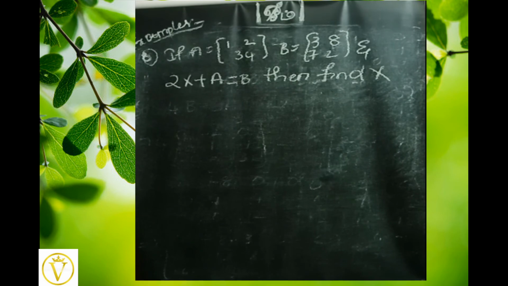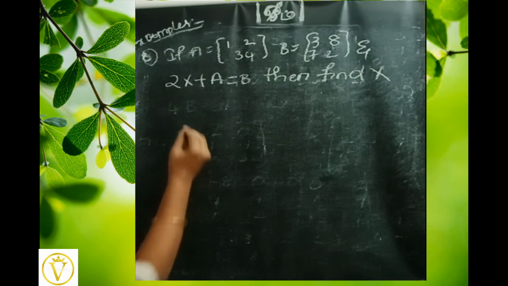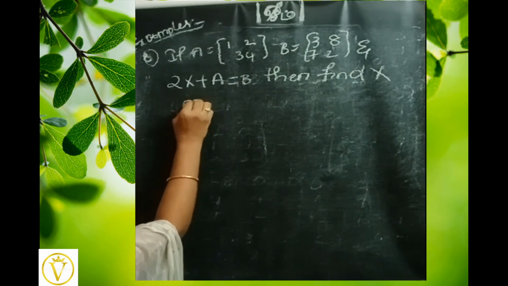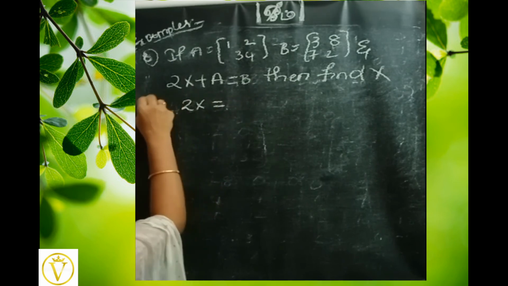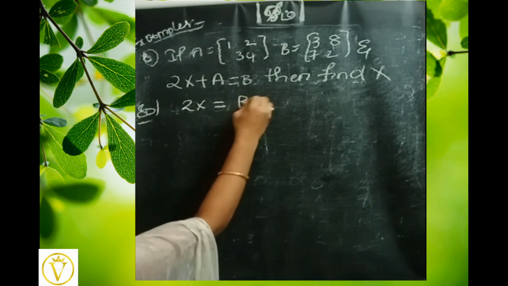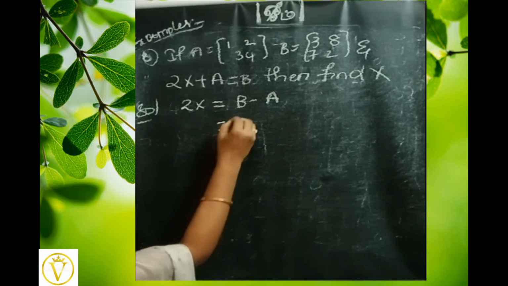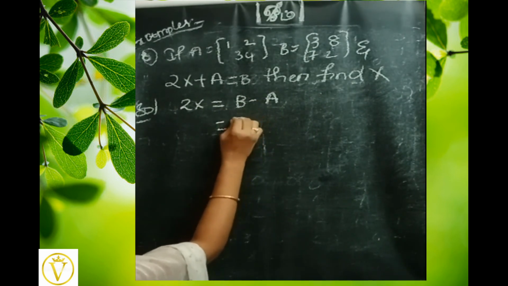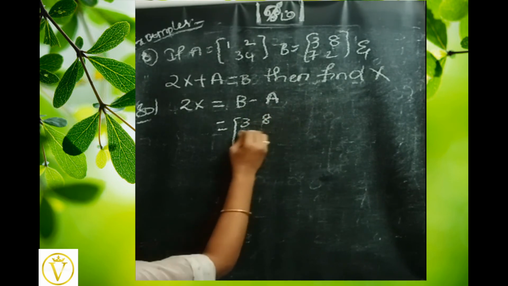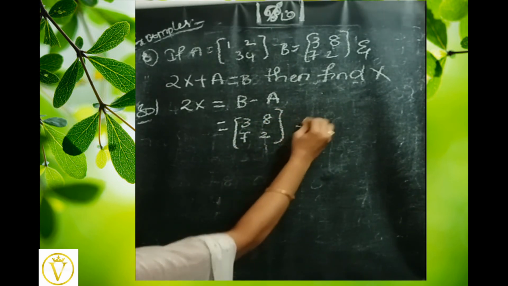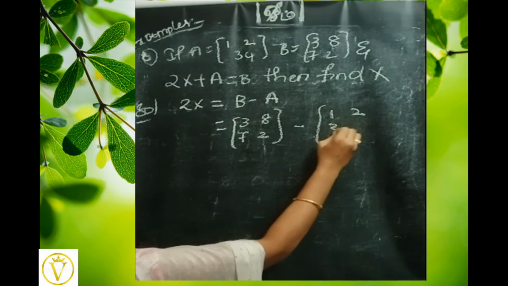Okay. If A equals one matrix, and B equals another matrix, they asked to find out X and they have given one matrix equation. So first we have to find out X, right? So 2X equals B minus A. Now first we have to do B minus A. So what is the value of B? 3 8 7 2 minus 1 2 3 4.